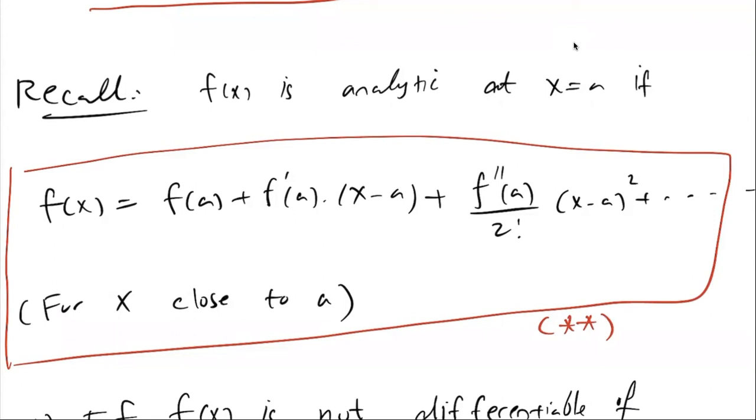So one way for this equality to not happen is, of course, to have one of the derivatives not exist, and in that case the right-hand side will not be well defined, and it will not be equal to f of x automatically. But even if all the derivatives exist at x equals a, then we will be able to construct the right-hand side, but it is still possible that the right-hand side is not equal to f of x.